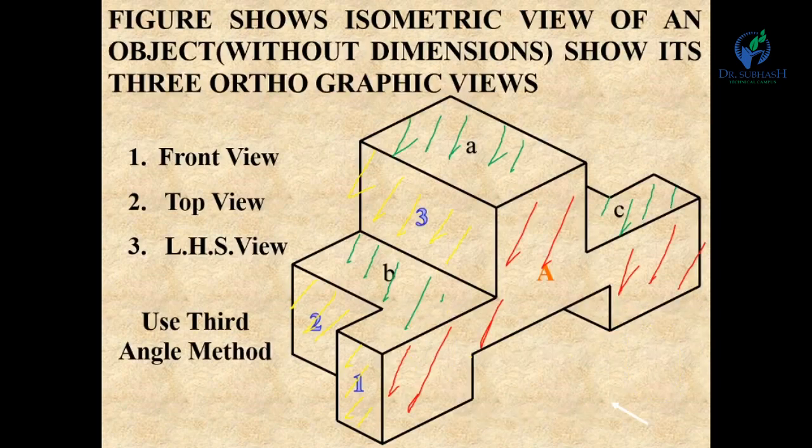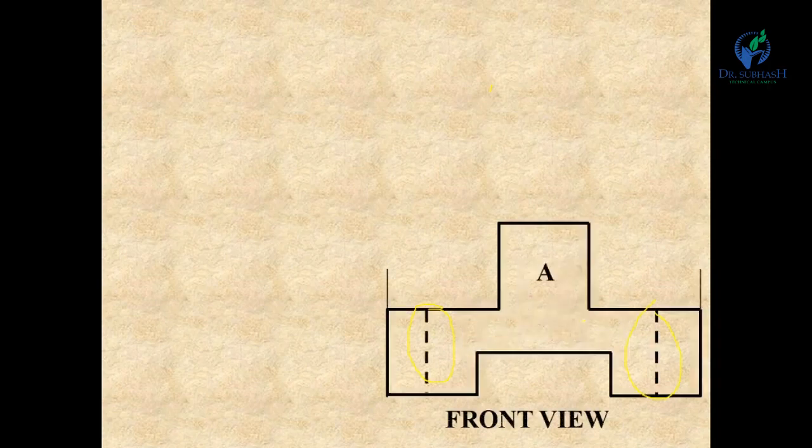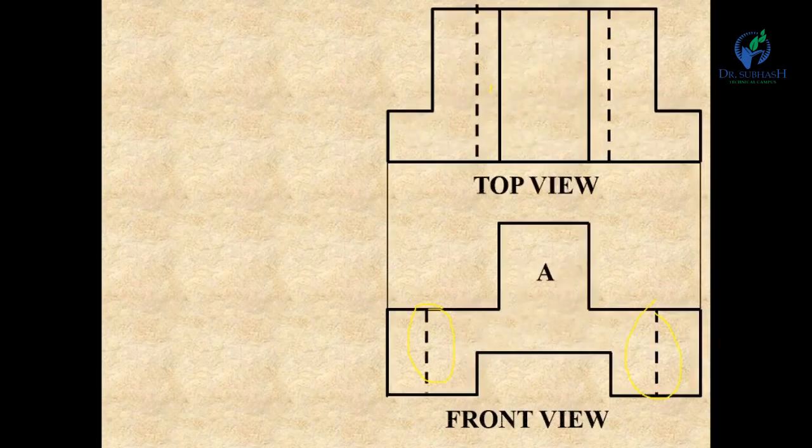Right? This portion you can't see in the top view, so it is shown by a dash line, right? A, B and C, this portion A, B and C.